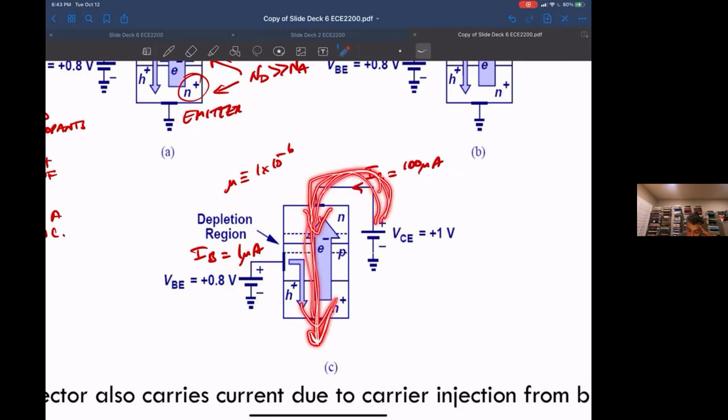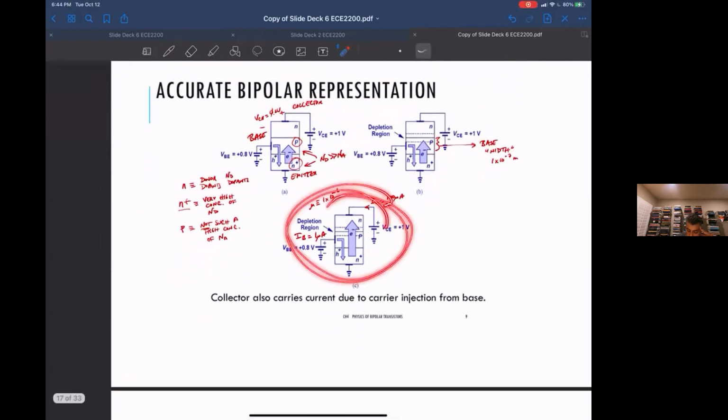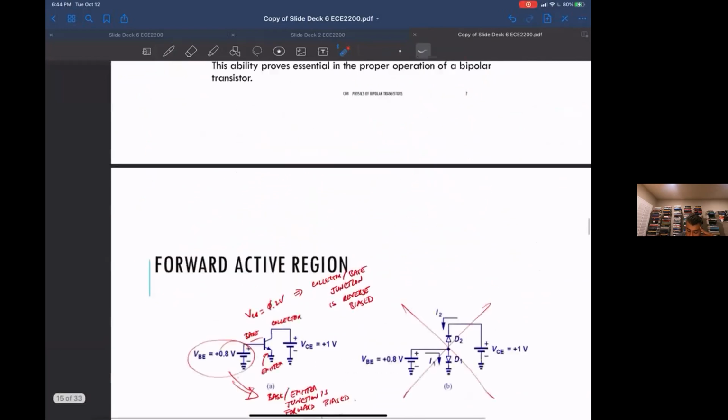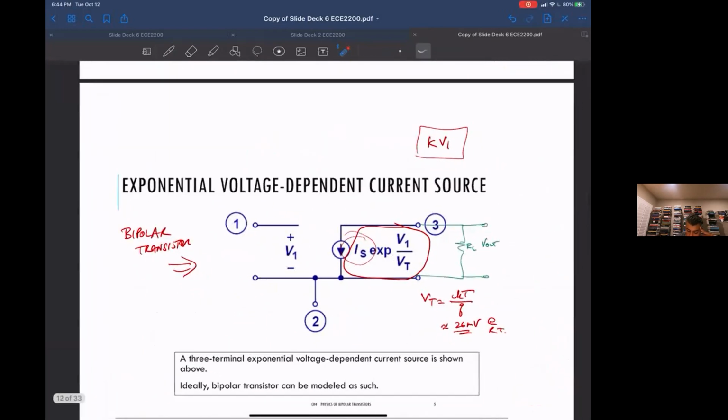Okay, so another way of looking at this transistor is that this voltage from base to emitter, although it's not connected to this collector, is controlling the current going into the collector. So this device is acting like our voltage controlled current source.